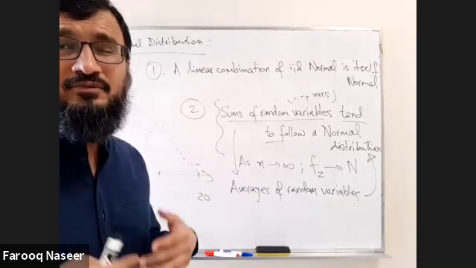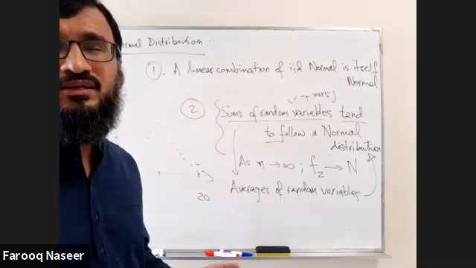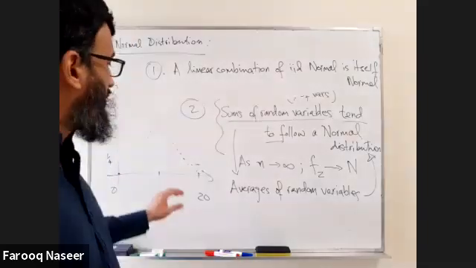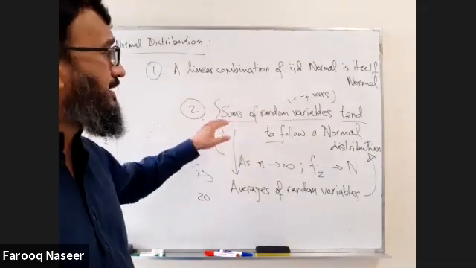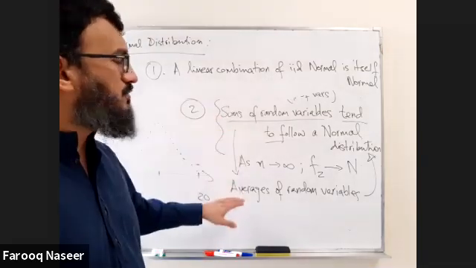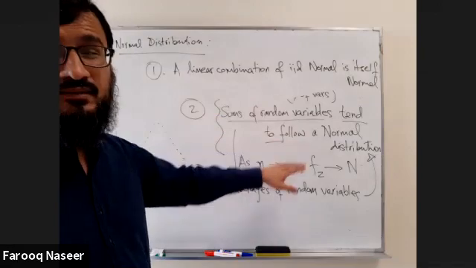ले लें. Doesn't matter what distribution they have. They could be uniform, they could be exponential, they could be highly skewed. उनकी individual distribution जो भी हो, अगर आप उनको sum कर रहे हैं या उनको average कर रहे हैं, that sum or that average will follow a normal distribution, right?